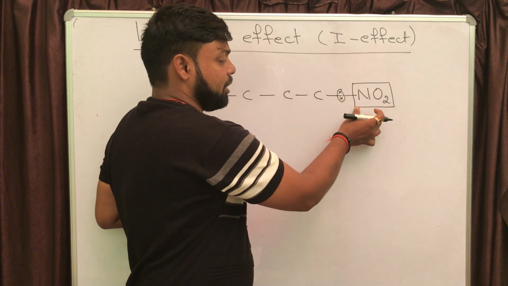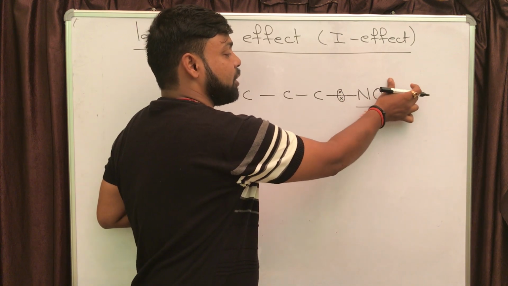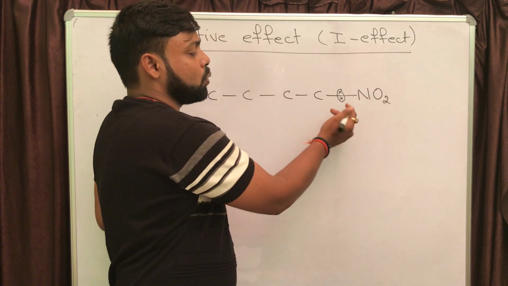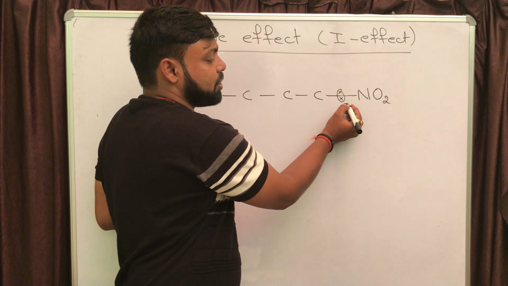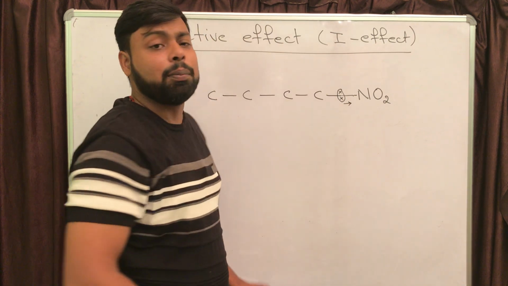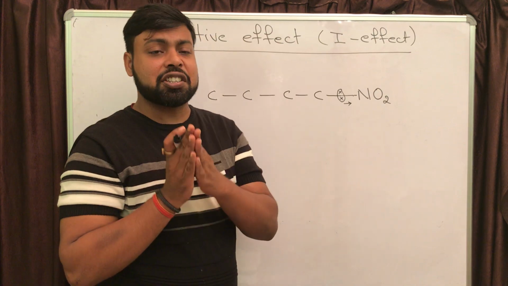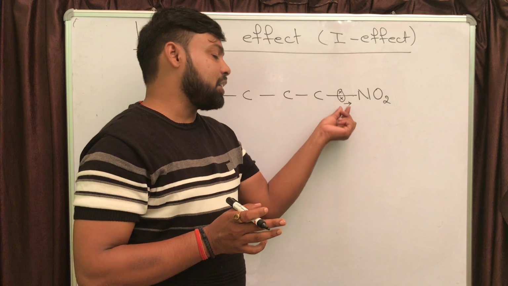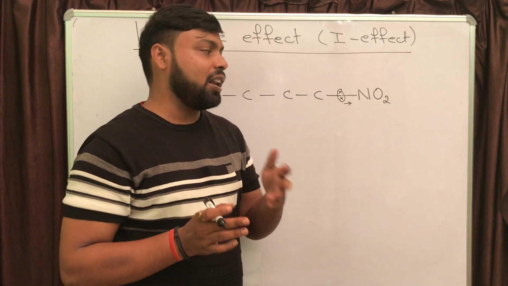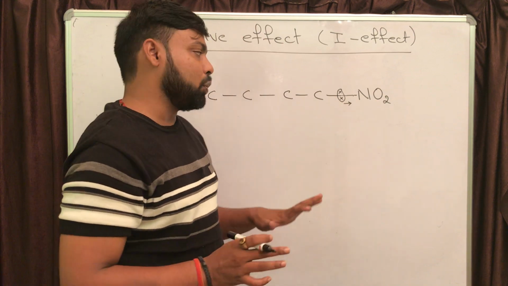Here in this case the electronegativity of nitrogen is more than carbon, so this pair of electrons will be shifted more towards the nitrogen. This is not the complete shifting. It is just a partial shifting of the sigma bond pair electrons from the mid position.